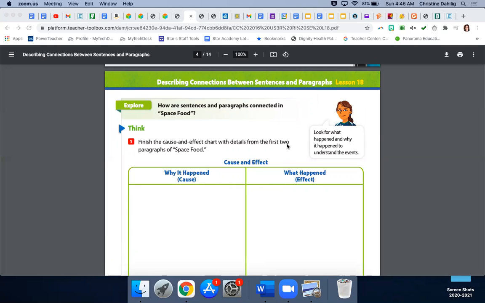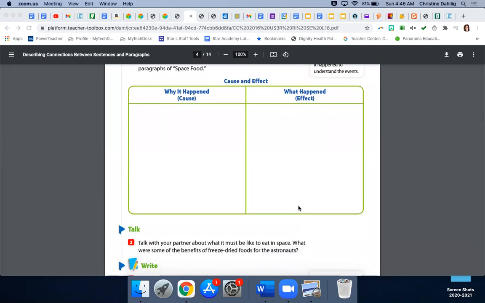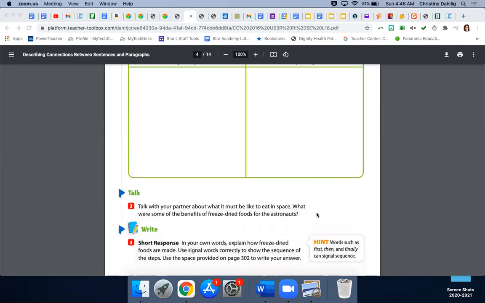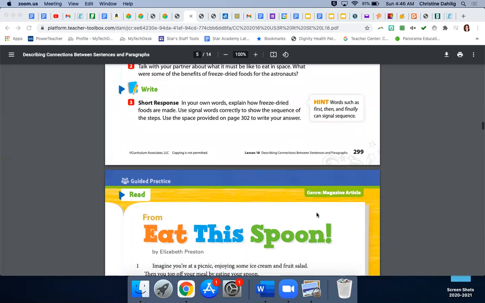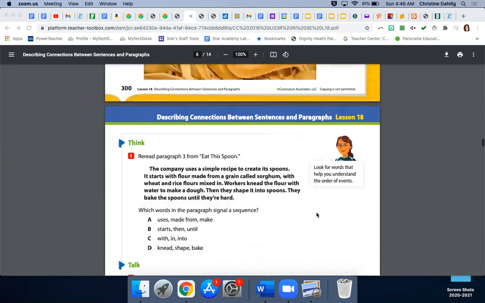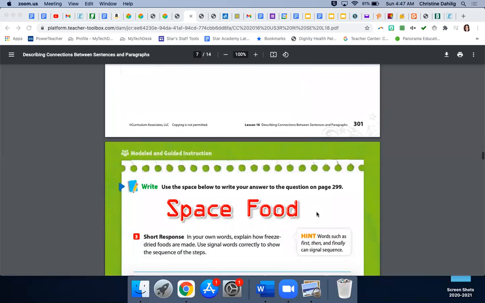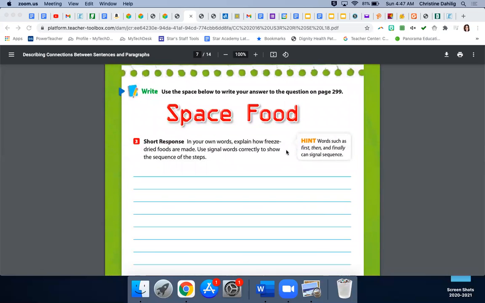So again, the cause and effect, why it happened, and the result of it, what happened. So in your breakout groups, you are going to be discussing this chart and completing it. And you are also on page 302 going to be able to offer a short response to this prompt.